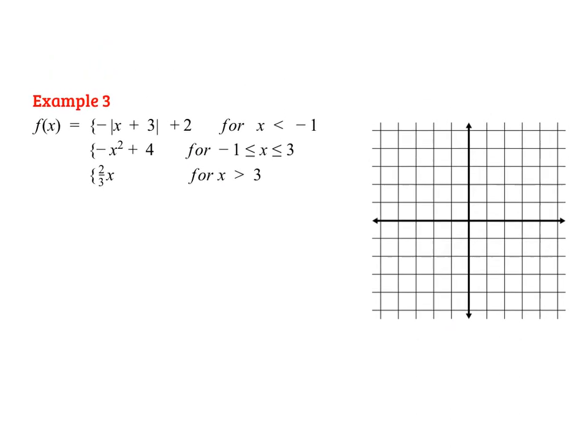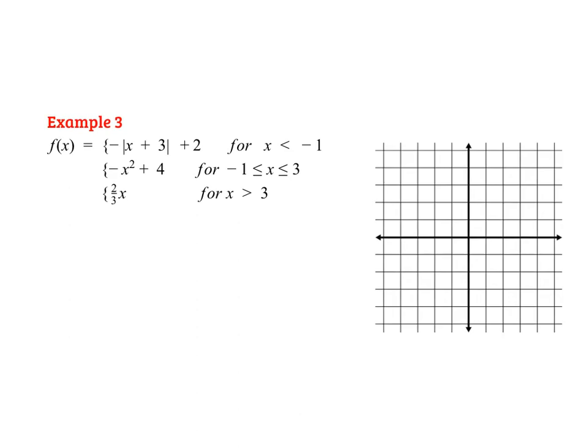Okay, we do have one last example that we're going to try together. So again, here we have 3 different intervals. I see that we have an absolute value interval, a quadratic, and a linear. So let's start with this absolute value piece right here. So I'm going to start by evaluating it at -1.